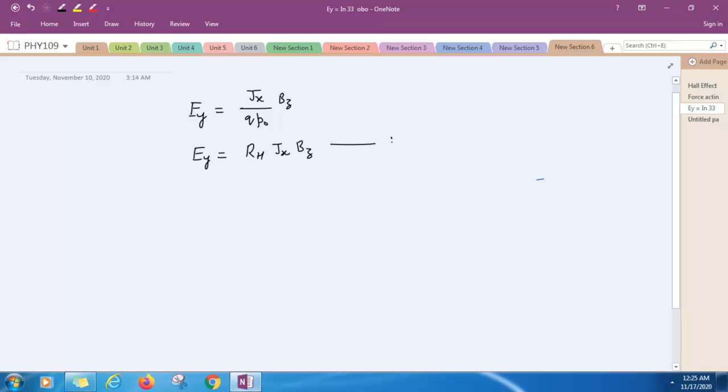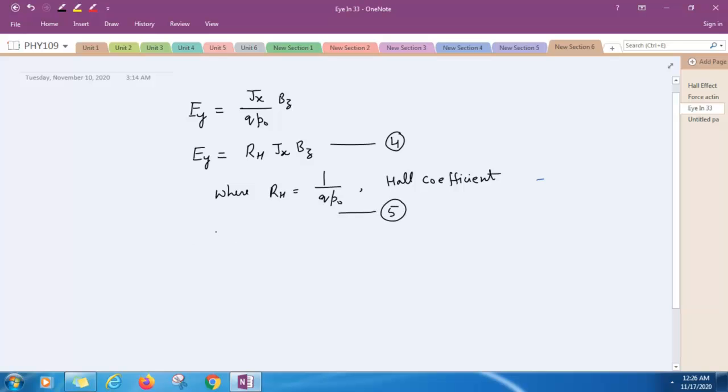Equation number 4, where RH is equal to 1 by Q p naught. This RH is known as Hall coefficient. This is an important relation and can be asked in MCQ also. Let's suppose this equation is 5.